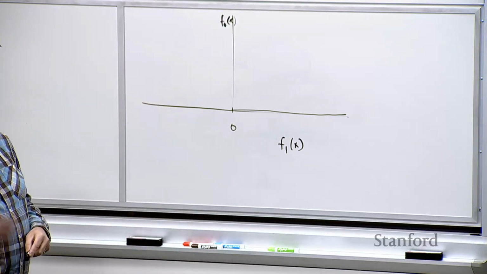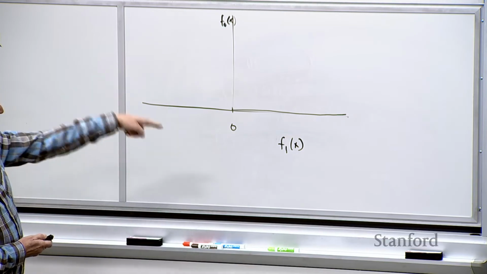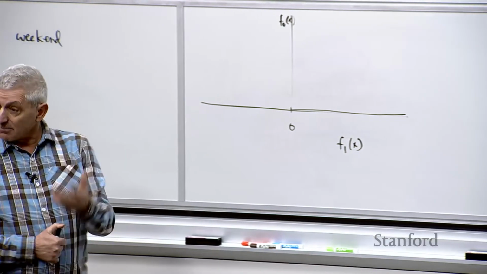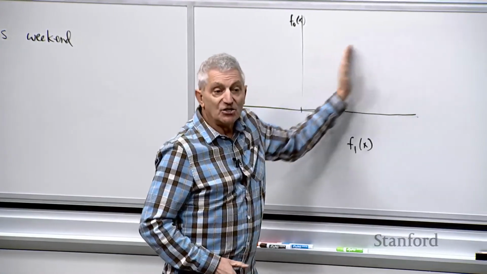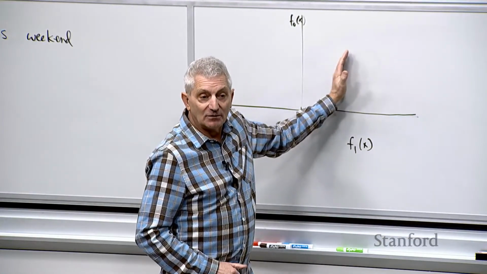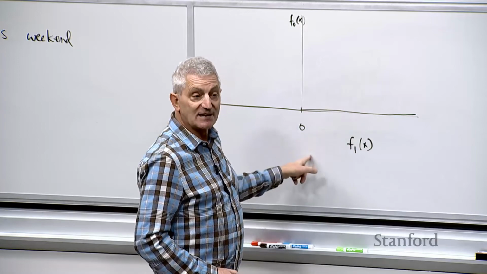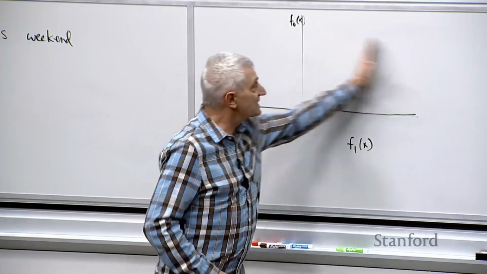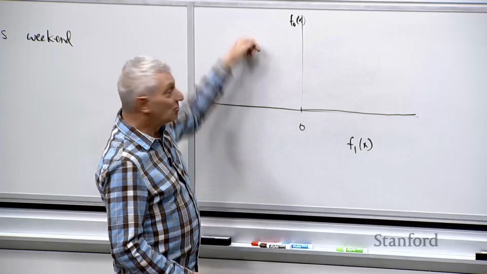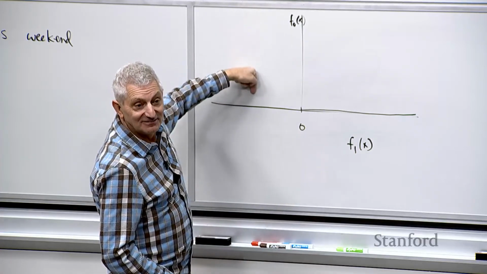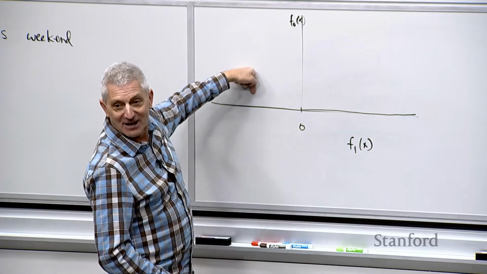If you propose to me an x, we will evaluate f0 and f1. The semantics of an optimization problem is, if you're over here, it's completely unacceptable because you violate the constraint, because f1 of x is positive. If you're on the left side, everything is cool and you want to go as low as possible. That's the semantics of an optimization problem.